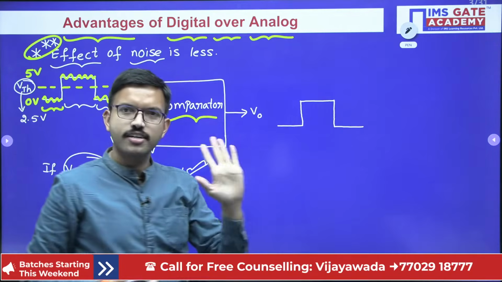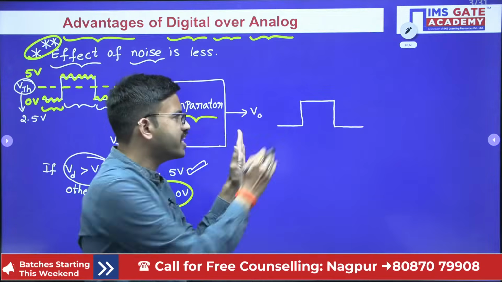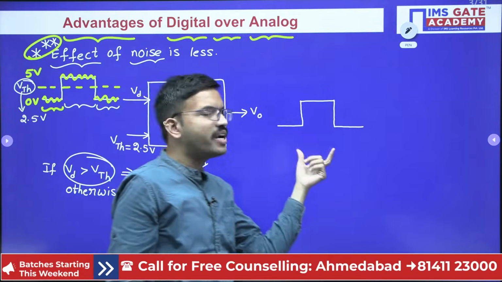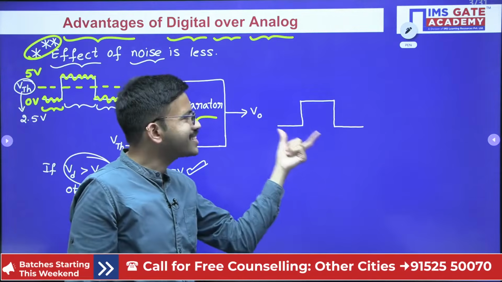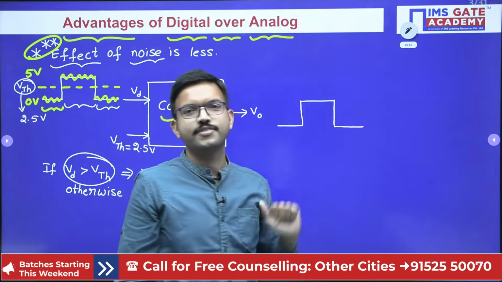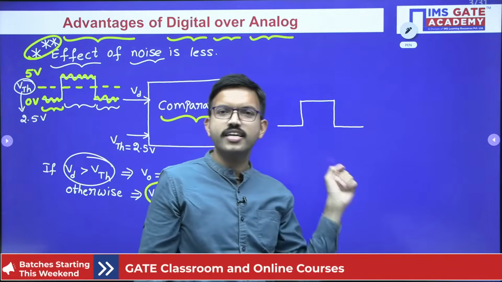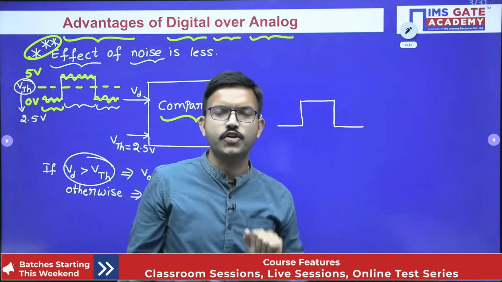Now tell me, just by looking at this particular signal, which you are receiving at the receiver, can you say that the sender has transmitted the same signal? Yes or no?